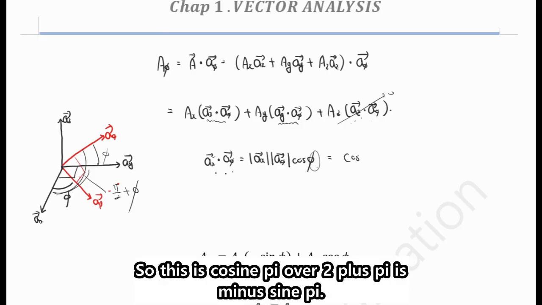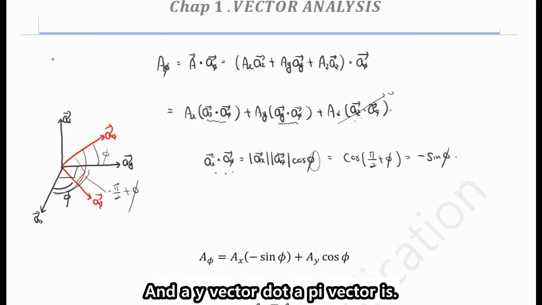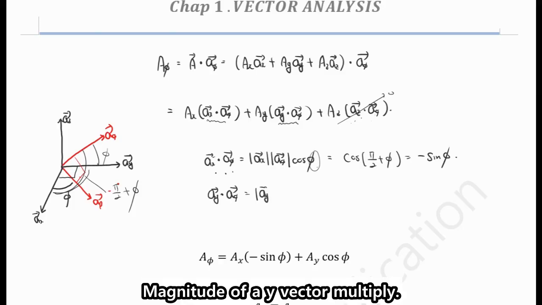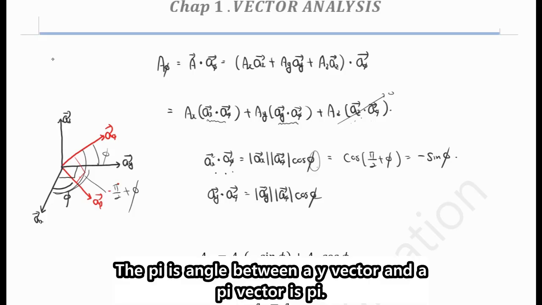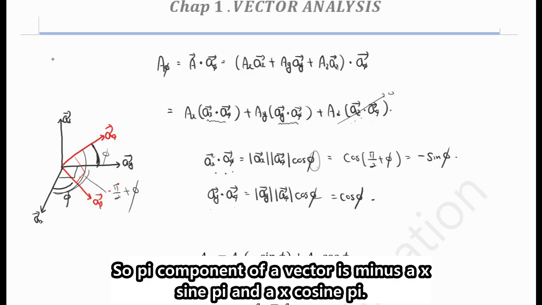So this is cosine of pi over 2 plus phi, which is minus sine phi. And a_y vector dot a_phi vector is the magnitude of a_y vector multiplied by the magnitude of a_phi vector times cosine phi, since phi is the angle between the a_y vector and a_phi vector. So the phi component of the vector is minus Ax sine phi plus Ay cosine phi.